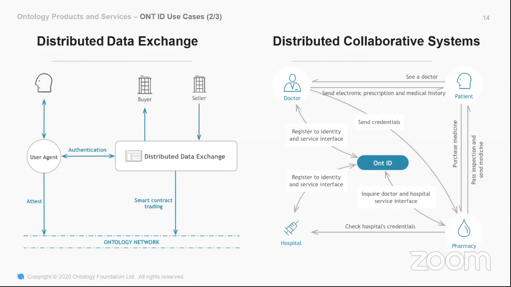And they would earn a reward for choosing to share that data. So this is the distributed data exchange that we've built, which is that marketplace layer on top of the Ont ID claim issuance system.